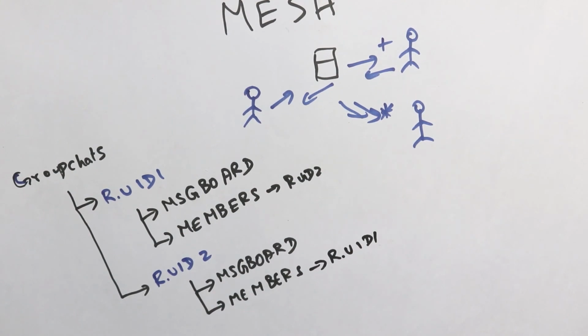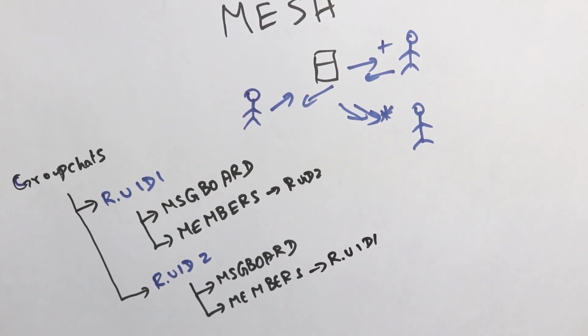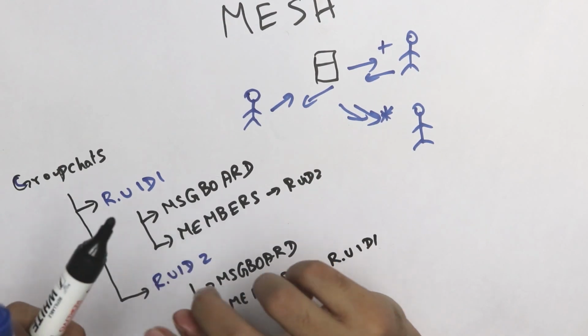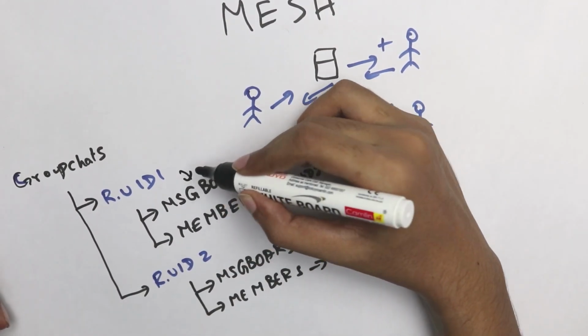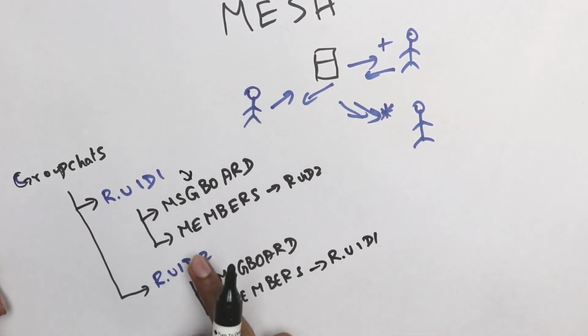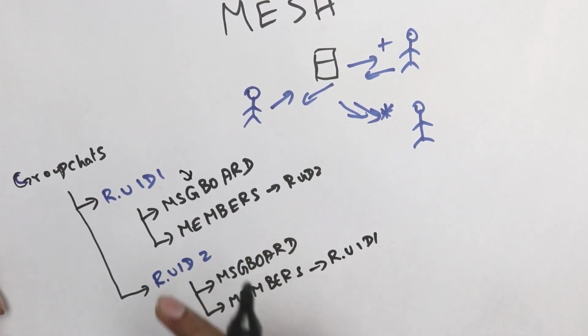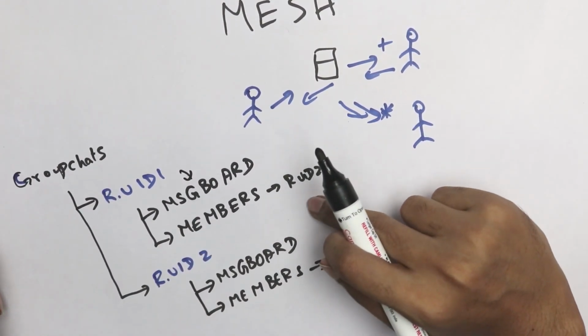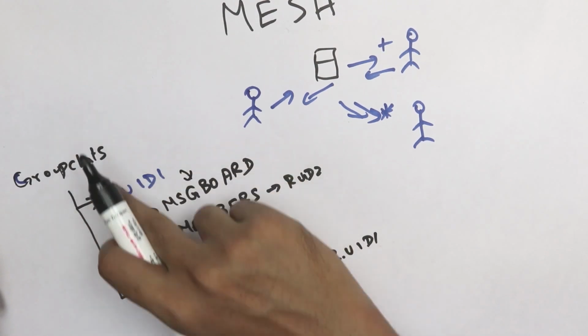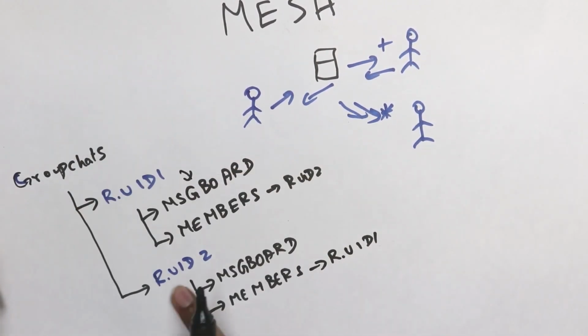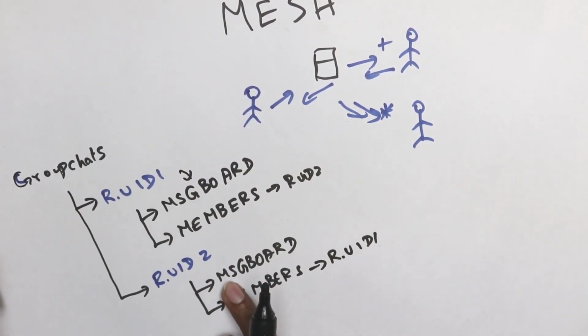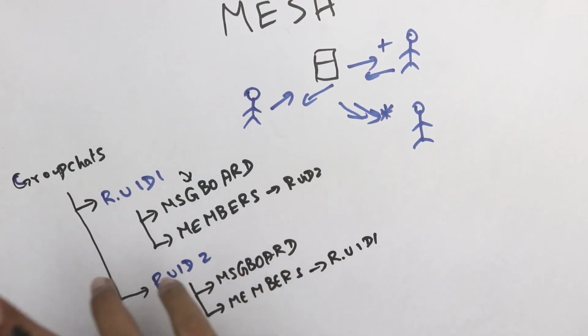So when the user tries to send a message, say this guy is sending a message, the message will get added into this message board, and then it will take this members list, where there are the UIDs, navigate again, reach this, and push the message into this message board too. It's pretty easy, right?